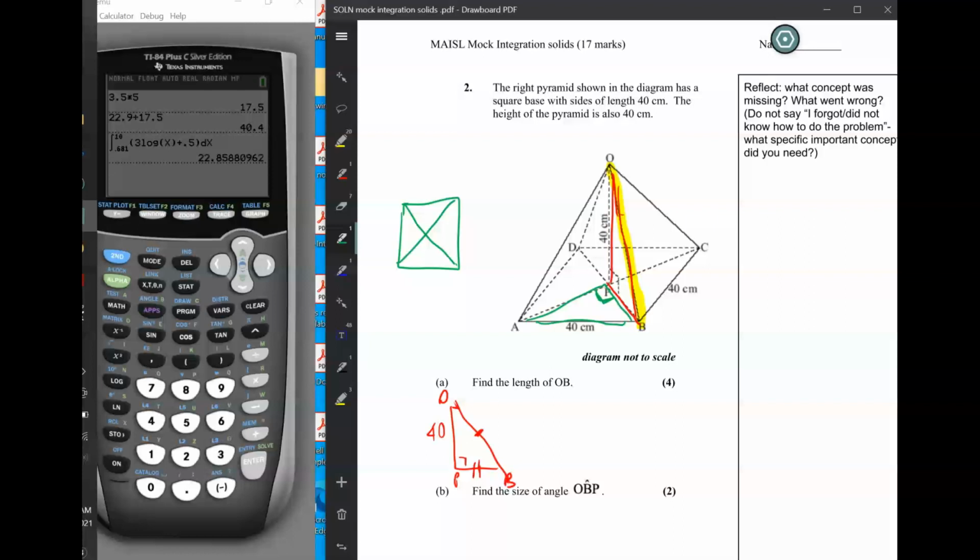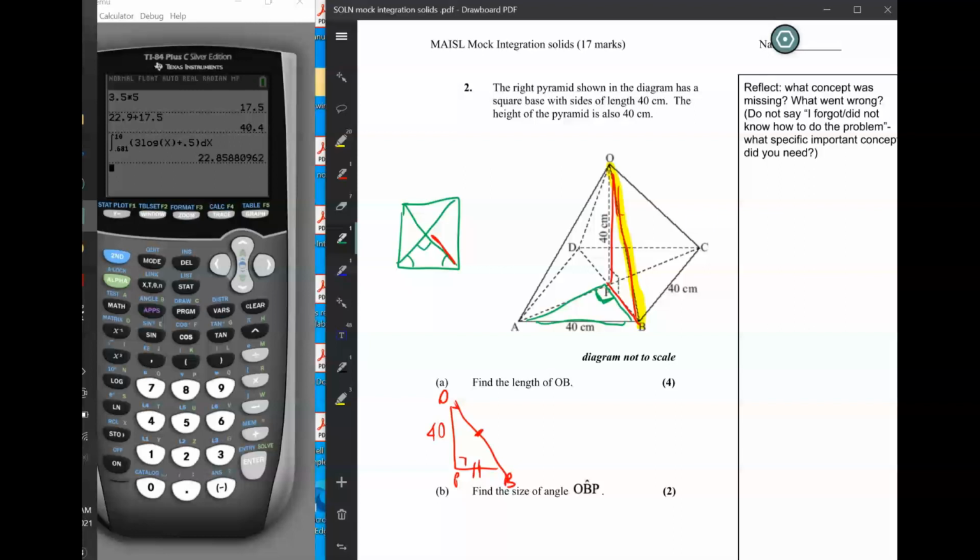And actually, if you were to try to figure out the length of this line here, you can see that you could do that because you know that this angle is 45 degrees and this angle is 45 degrees because all the leg lengths are the same, right?